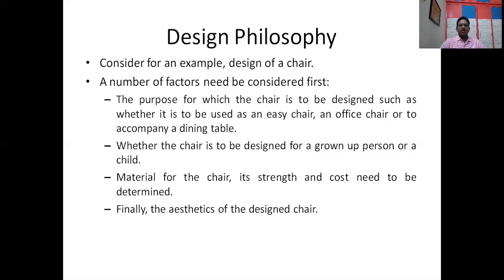So these are the factors that we have to consider when we design anything. Here we are thinking about a chair, but if you take any product, we have to consider all these factors when we design a product.